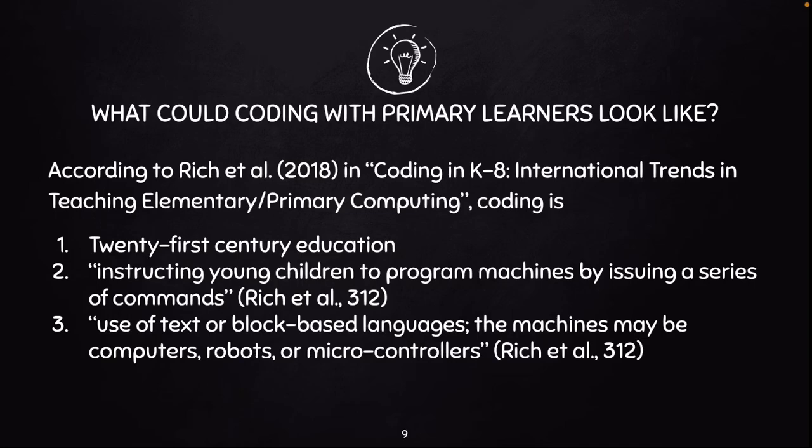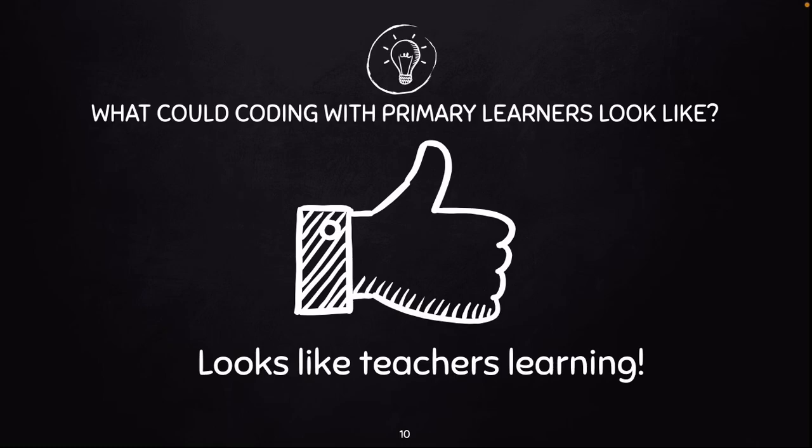All in all, coding with primary learners looks like instructing young children to program machines by issuing a series of commands. It also looks like the use of text or block-based languages. The machines may be computers, robots, or microcontrollers. But a very important fact is that coding with primary learners looks like teachers learning.